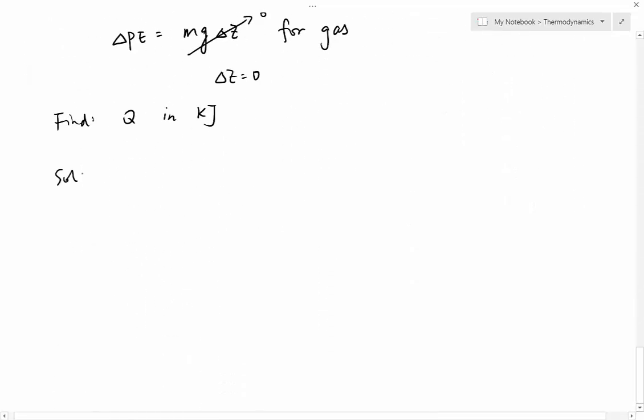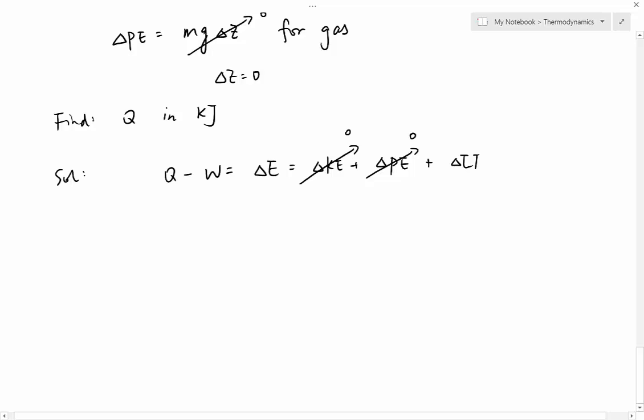All right, so let's start from the first law of thermodynamics. Q minus W equals delta E. Like we said before, total energy has three components: delta KE, delta PE, and delta U, U meaning internal energy. The problem said we can neglect delta KE and delta PE, so those two go to zero.